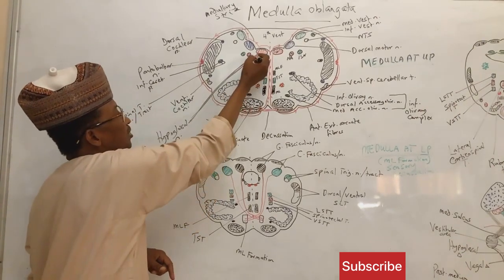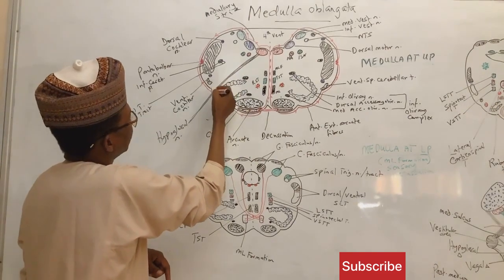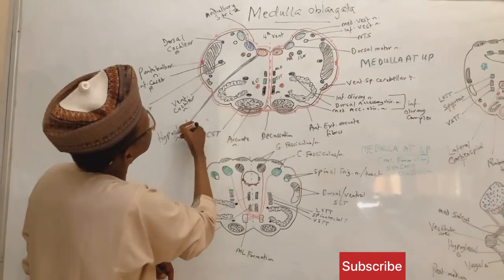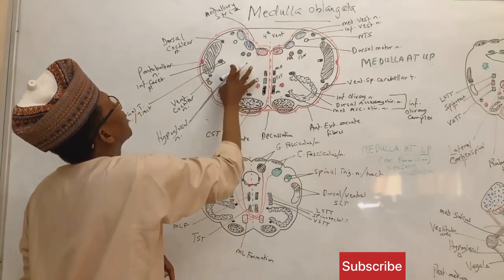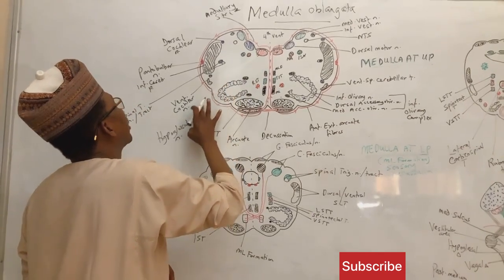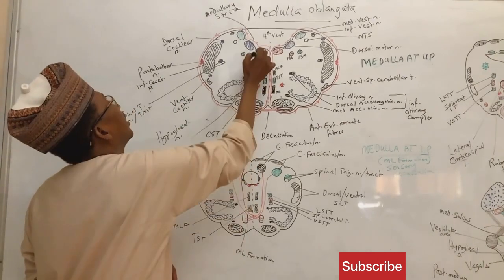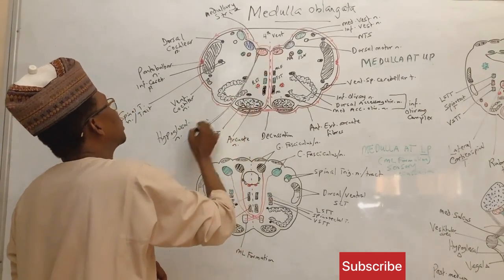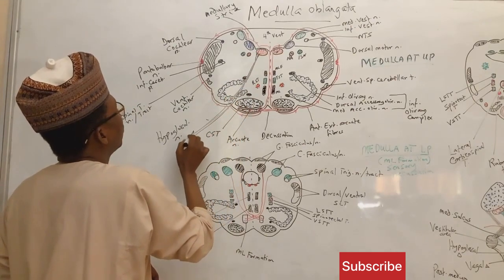So the hypoglossal nerve comes out of the anterolateral sulcus, not the posterior. It goes out like that. So this is our hypoglossal nerve.